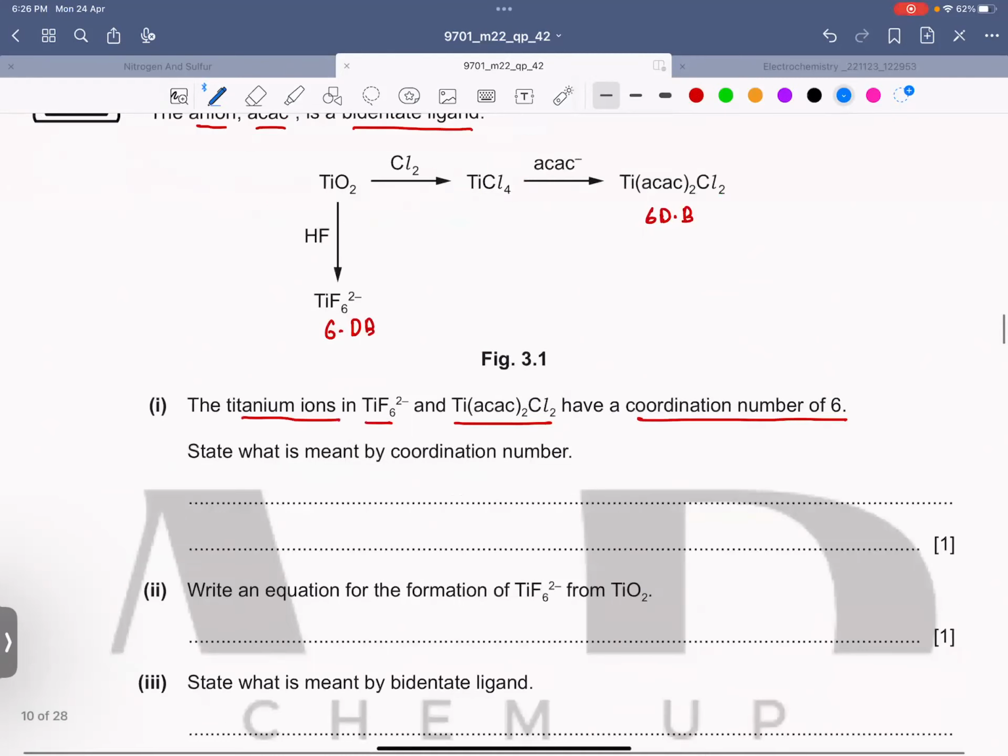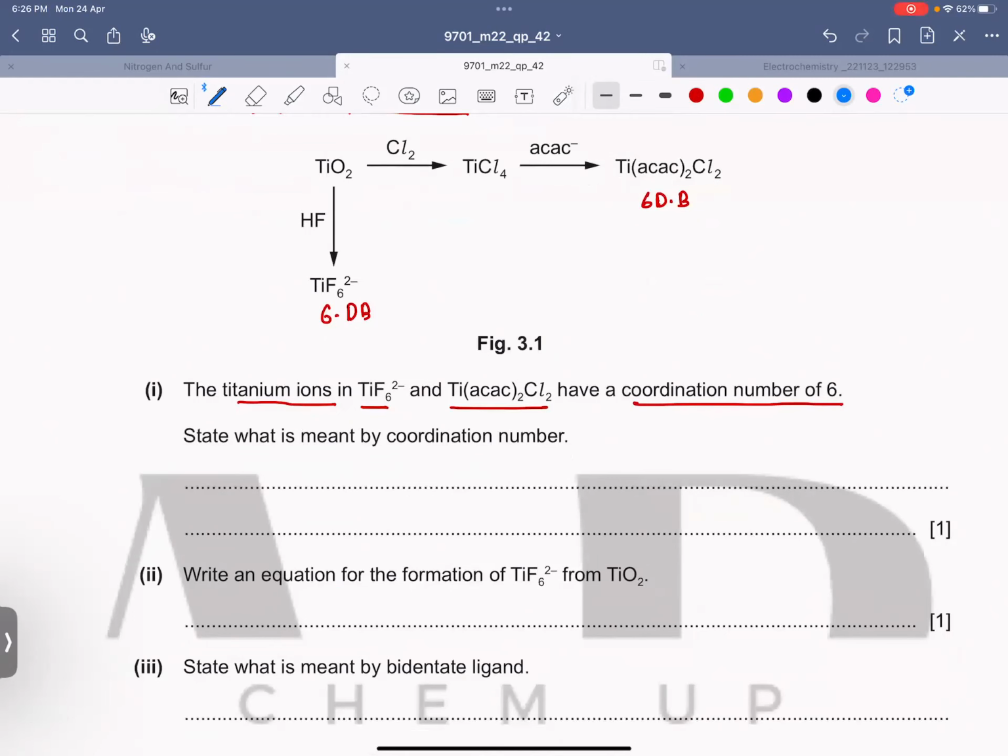If you remember, we can write it is the number of coordinate bonds formed by the central metal ion or metal atom.